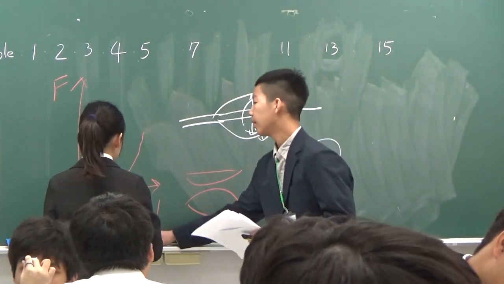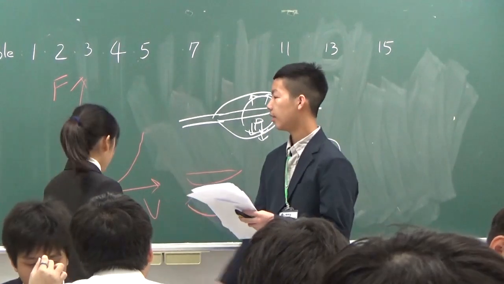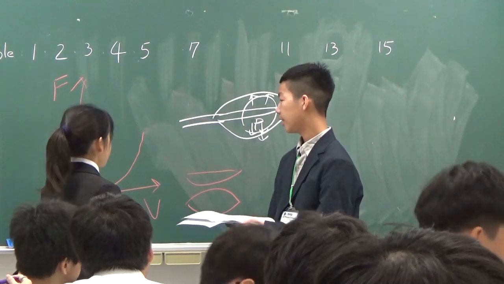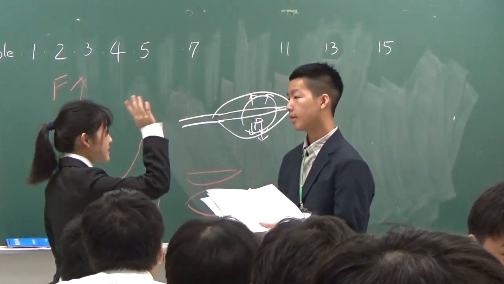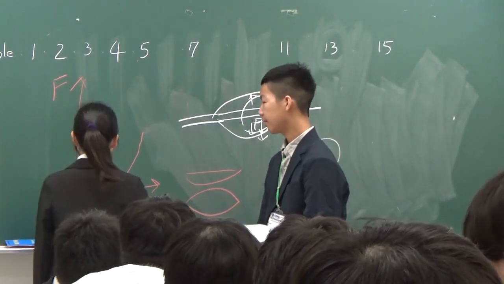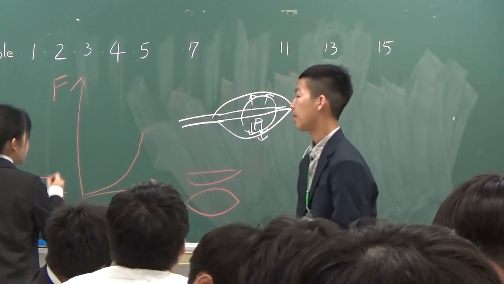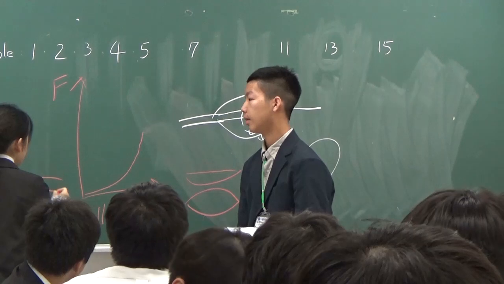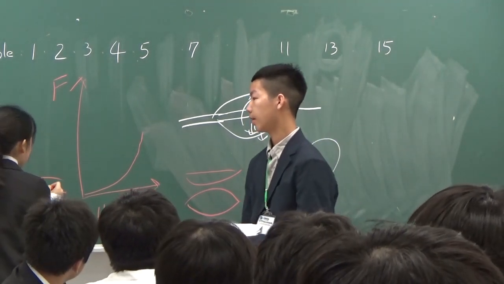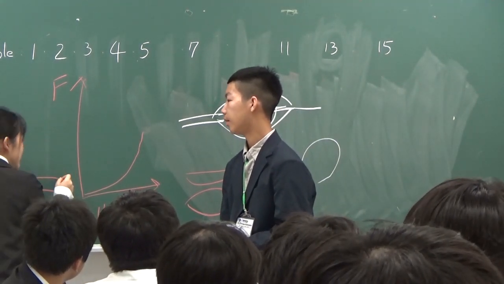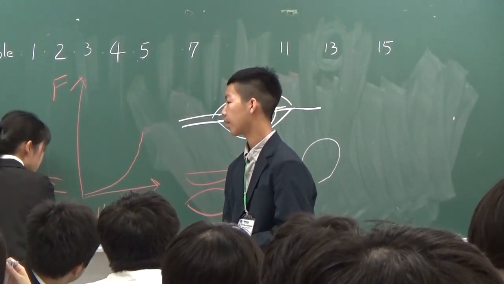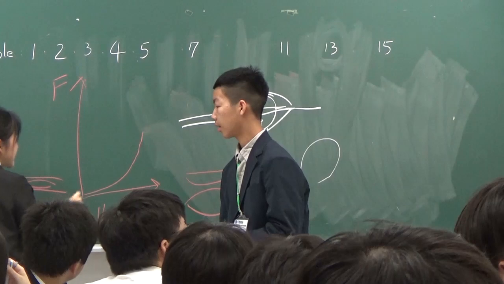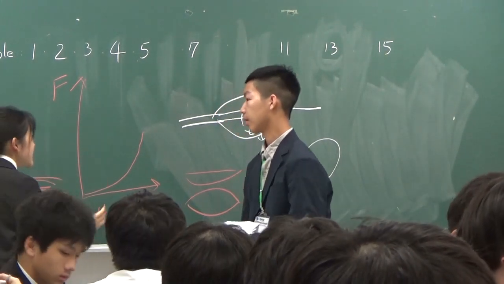The opponent actually thinks it shouldn't be like this. Can I do this? Yes, please. Because there's tension, there's force. The mass will limit how much volume the balloon increases, right?